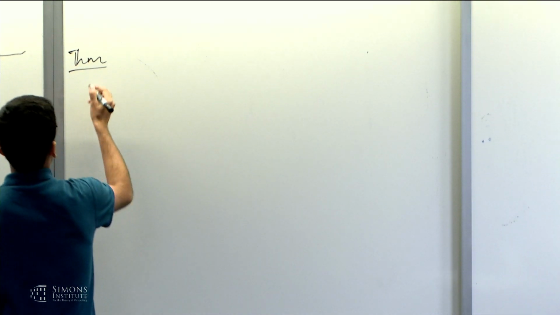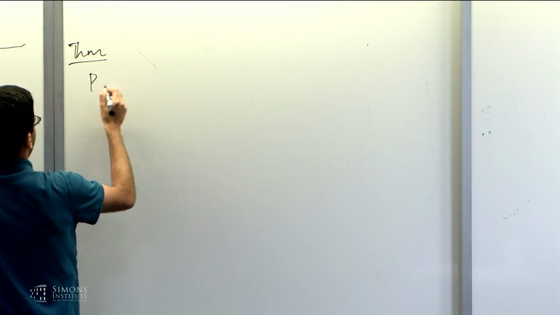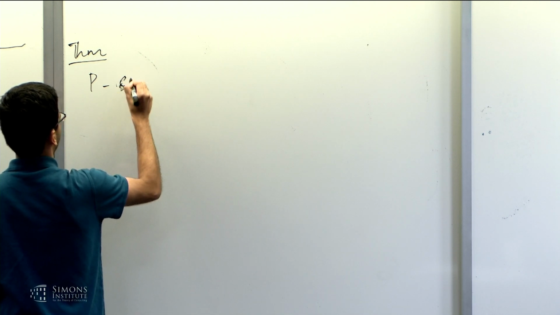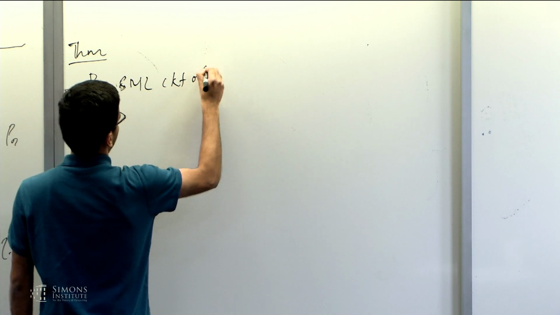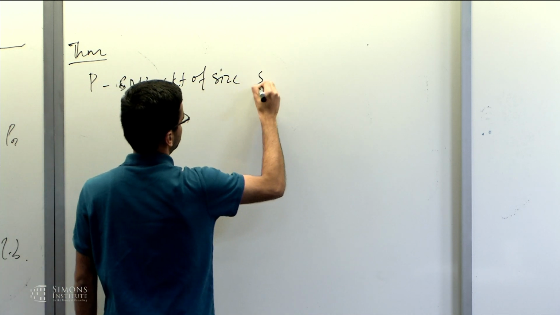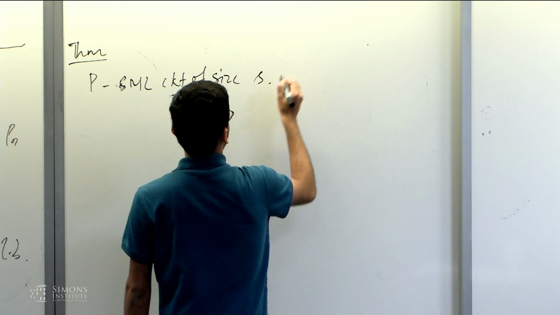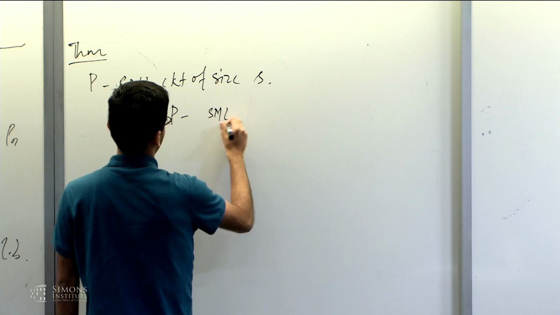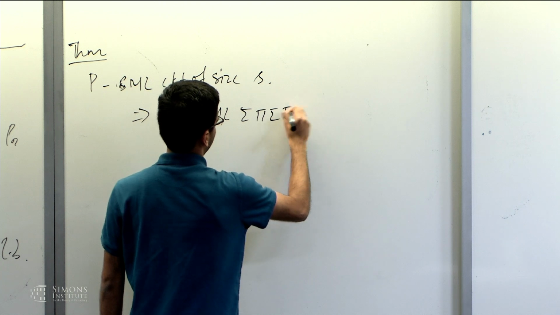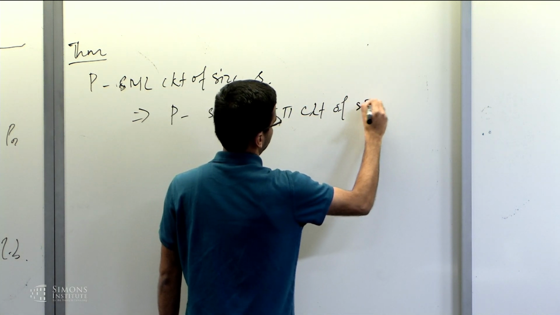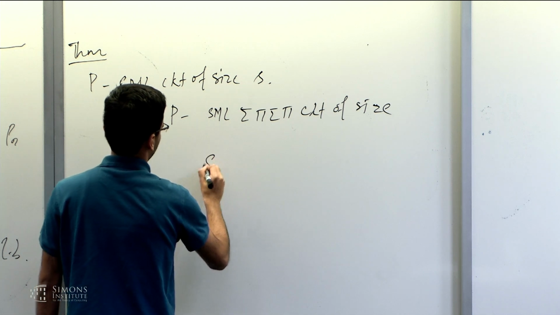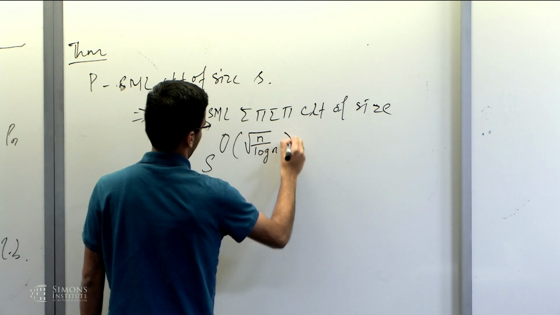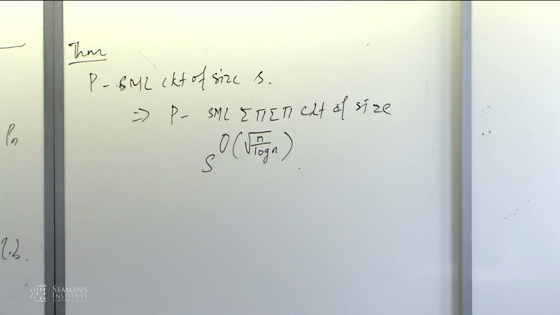The theorem is the following. P is a polynomial computed by a syntactically multilinear circuit of size S. This implies that P can be computed by a syntactically multilinear depth 4 circuit of size S to the order of square root of n over log n.